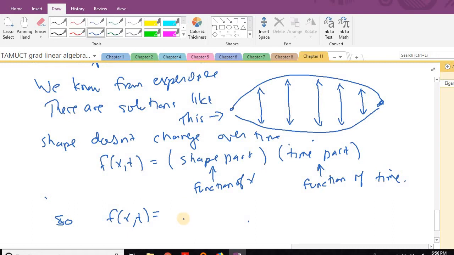It's going to be, I'll just call it f of x times g of t. I shouldn't write f because I already have f. Sorry. Let's call it g of x times h of t.